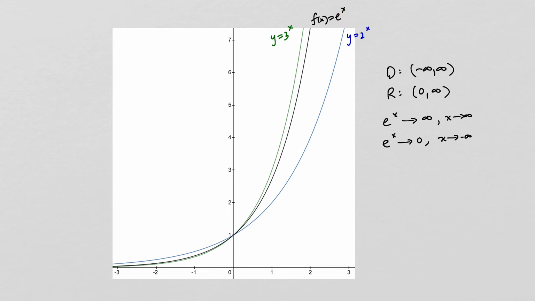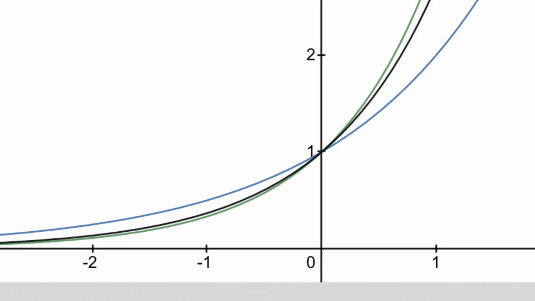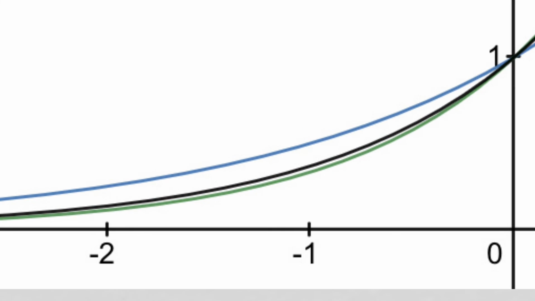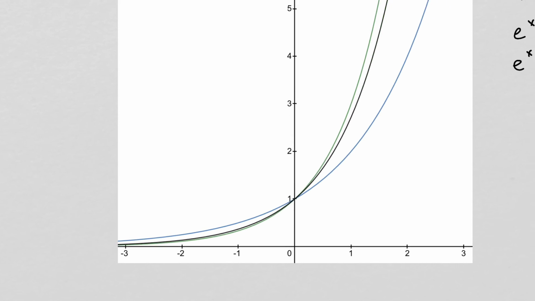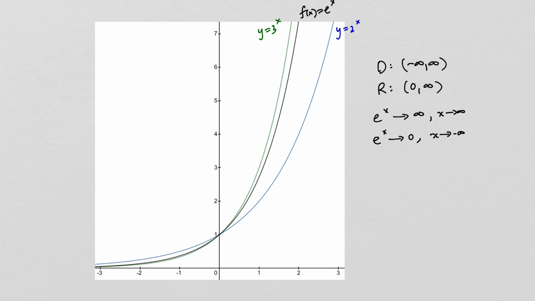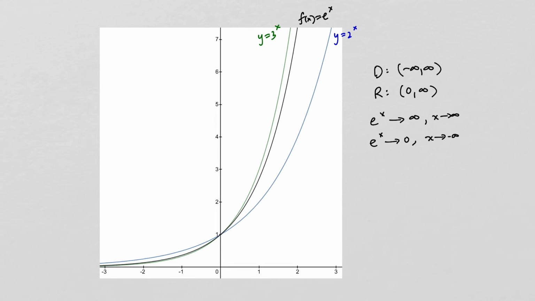And the function e to the x is right in between those two functions. It's kind of hard to see here, but if I zoom in, you will see indeed e to the x is in between 2 to the x and also 3 to the x. And it stays in between those two functions the whole time. Also passes through the point (0, 1), and it grows larger and larger as x gets larger.